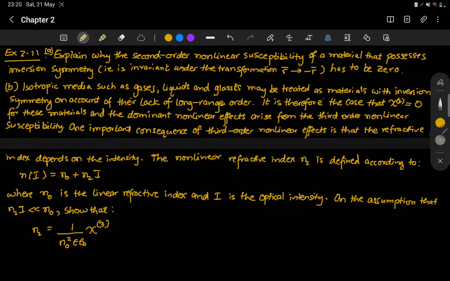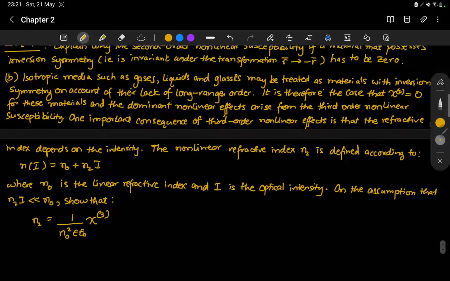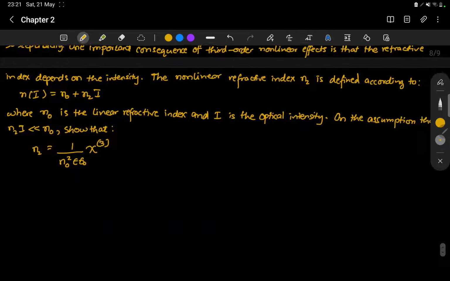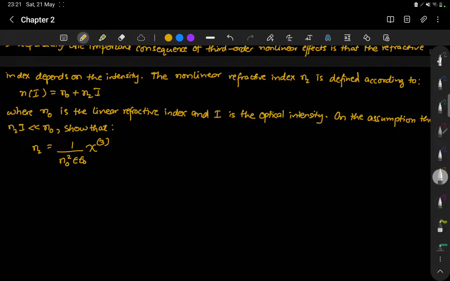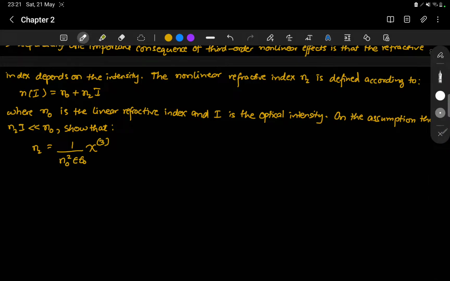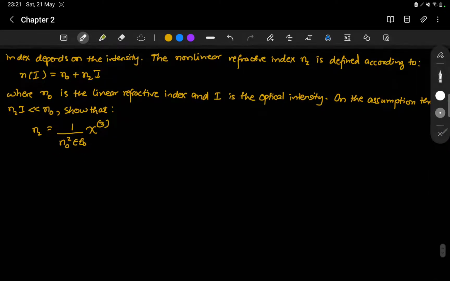In these situations, the refractive index turns out to be dependent on the optical intensity, and we are supposed to find this expression for N2, which is the term multiplied with the optical intensity. So let us now try and solve this question. We need to prove certain things in this question.